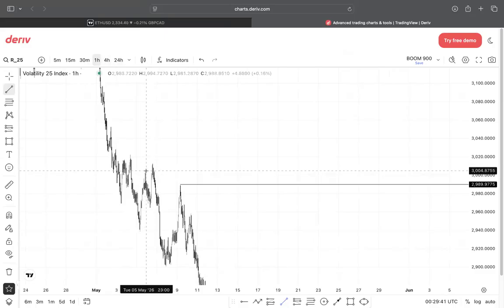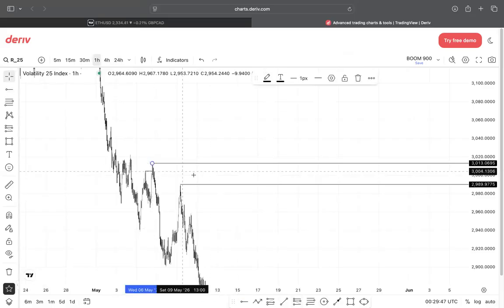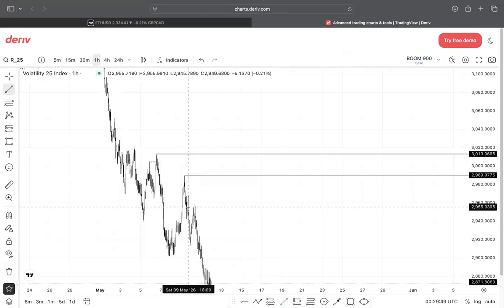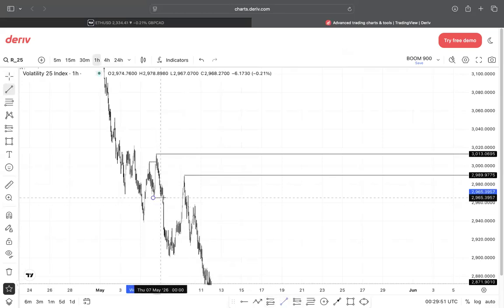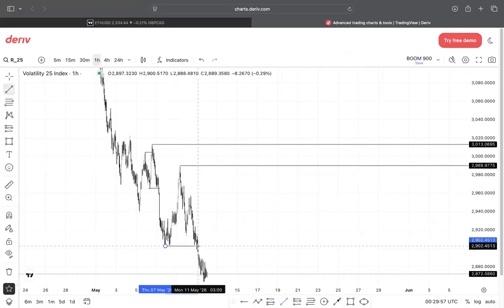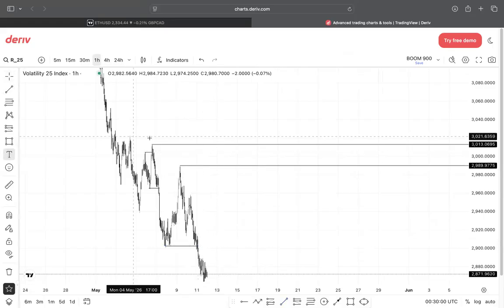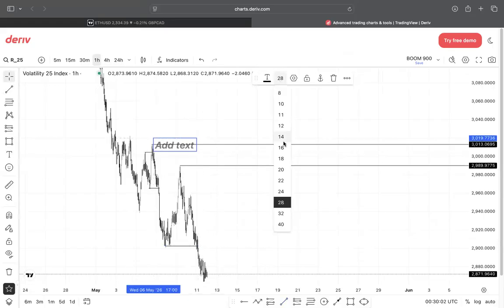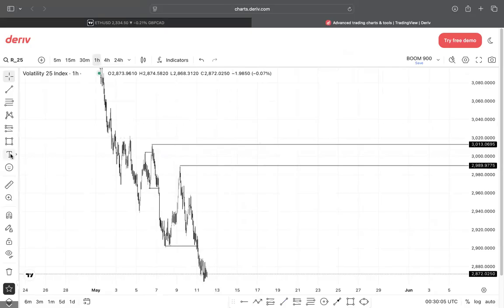So a sweep of liquidity, and then here becomes our protected high. Then we have our first break of structure here. Then we have structural liquidity, and then we have a second break of structure. So you might see my charts with A, B, C. So A is after a sweep, right?